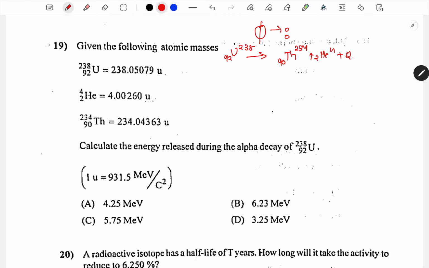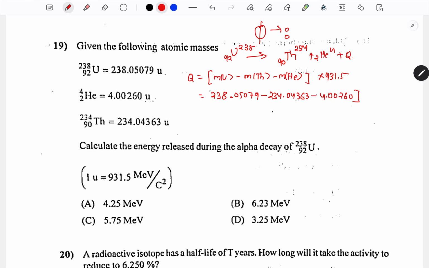So from that we can calculate that the energy released is equal to mass of uranium minus mass of thorium minus mass of helium nucleus, multiplied by 931.5. The mass of uranium is given: 238.05079 minus 234.04363 minus 4.00206, and multiply by 931.5.